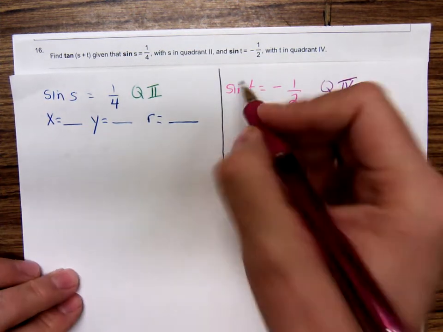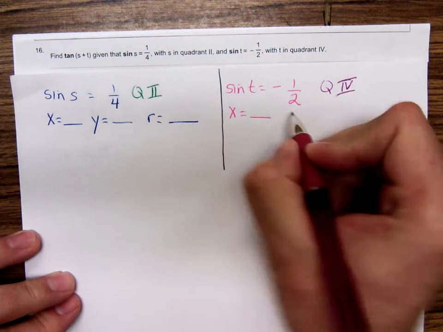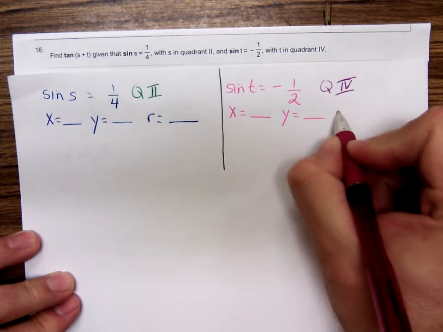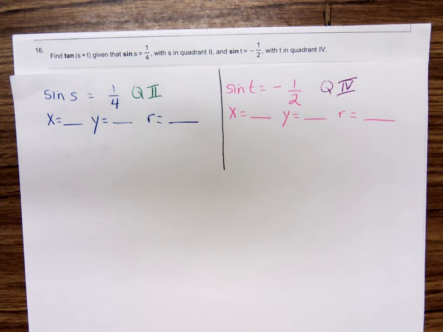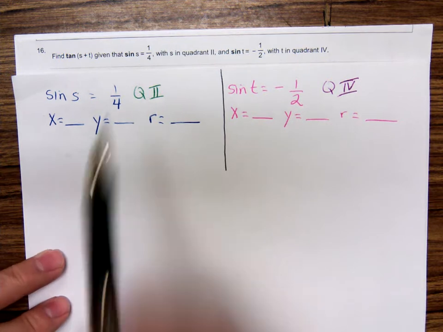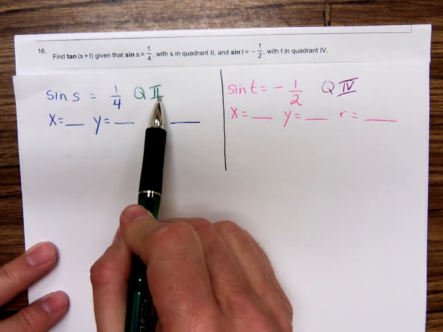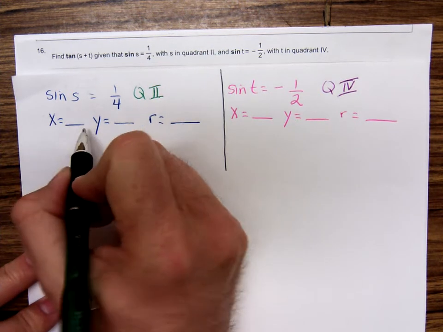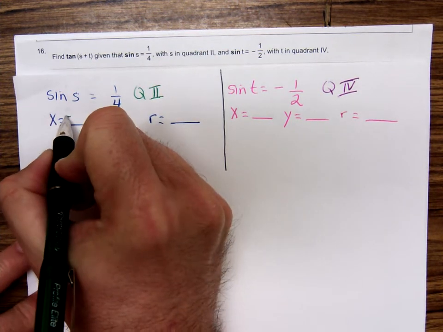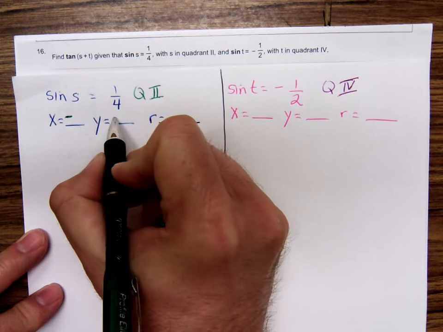I'm going to set it up for both of these, X, Y, and R. But let me make sure now, let's go ahead and take care of those quadrants. We're told that S is in quadrant 2, and so that means in quadrant 2, X is negative and Y is positive.